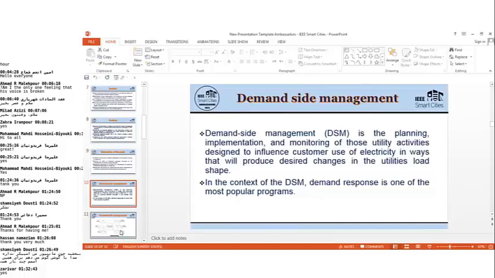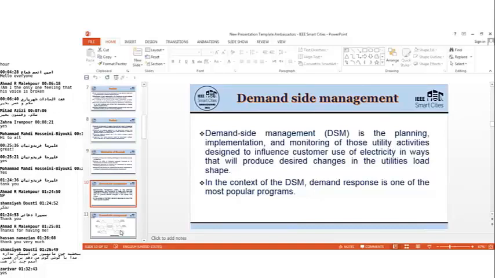In this condition, usually some programs known as demand side management programs are designed and used to induce customers to shift their consumption from peak periods to off-peak periods, or times when we don't have so much consumption.